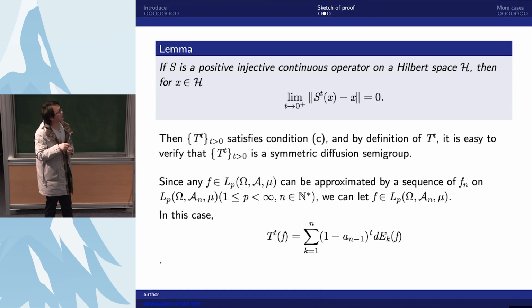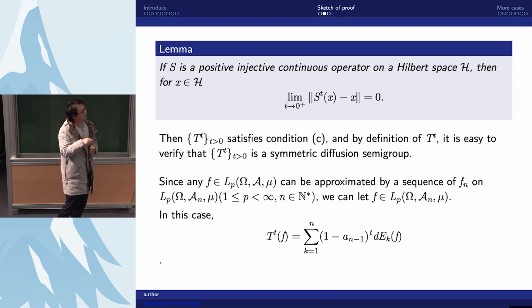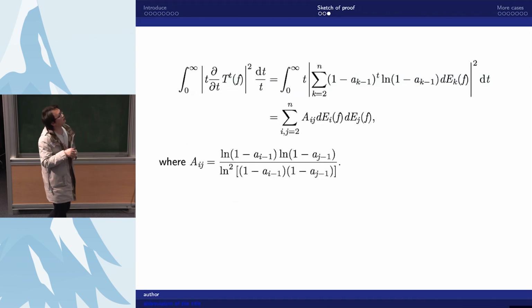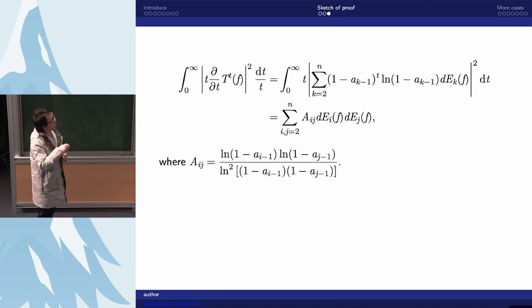And in this case, T to the power t f is a finite sum, and we can calculate the Littlewood-Paley G-function of such an F.